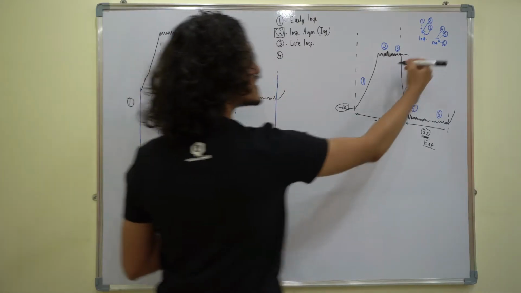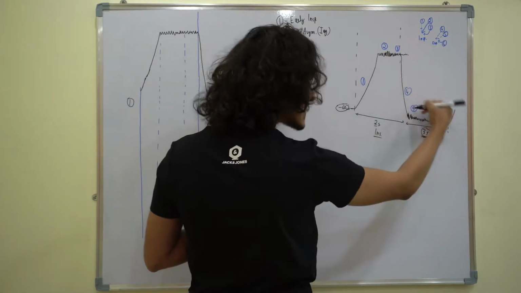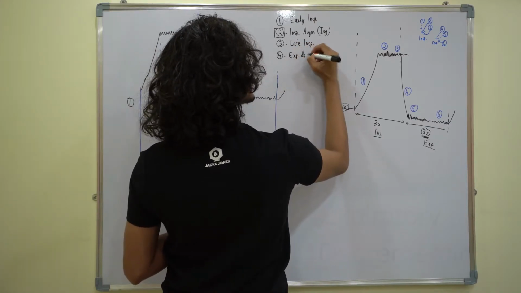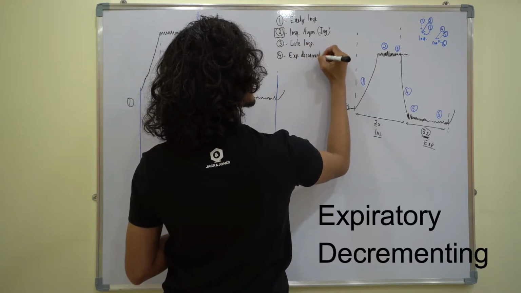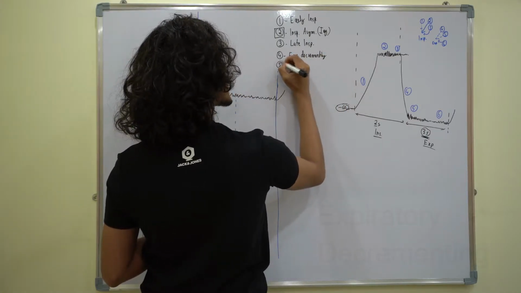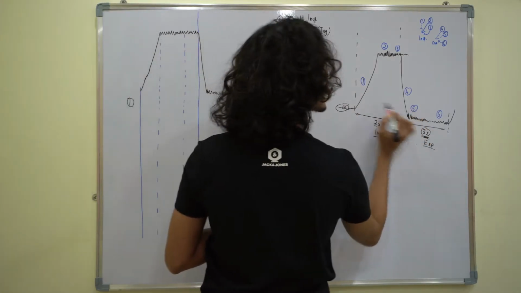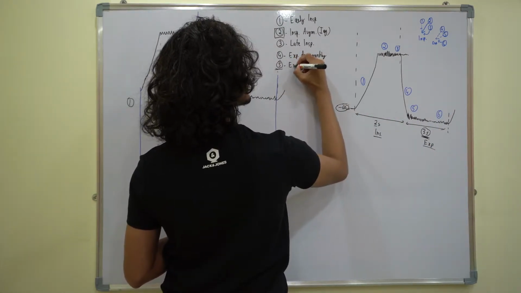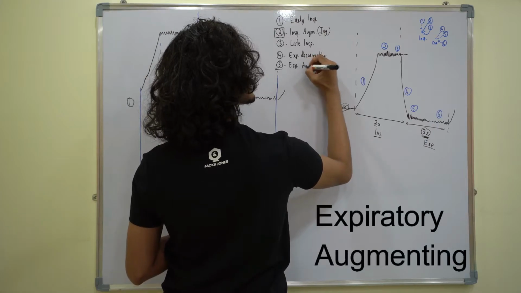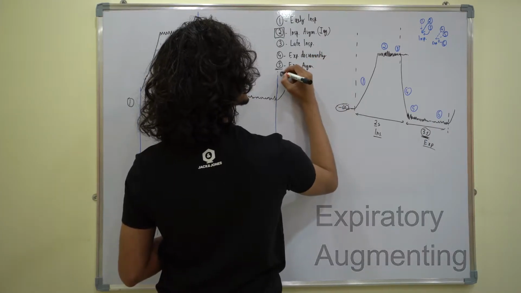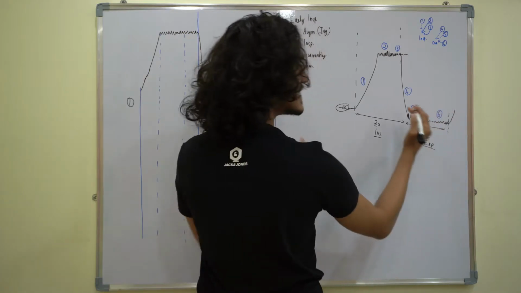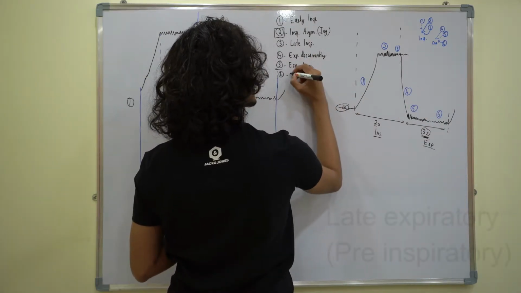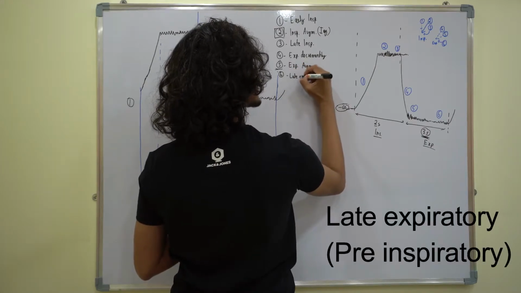Fourth one is expiratory decrementing, and the next one, this is the important one with respect to expiration, is expiratory augmenting. And the final one over here is the late expiratory or pre-inspiratory, just before inspiration.